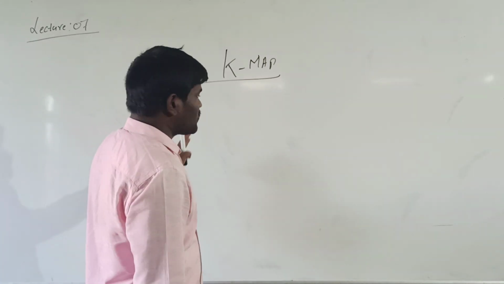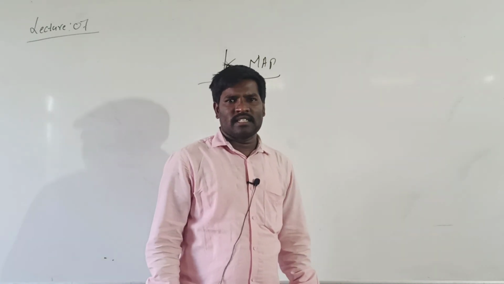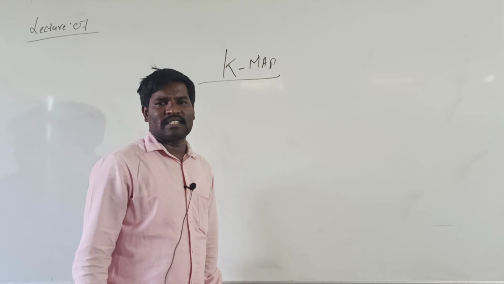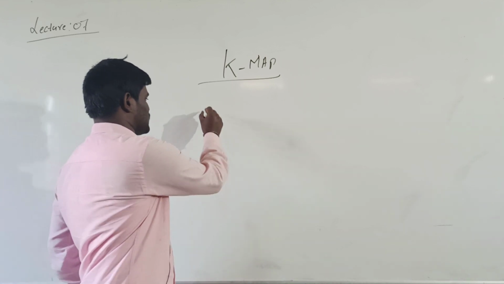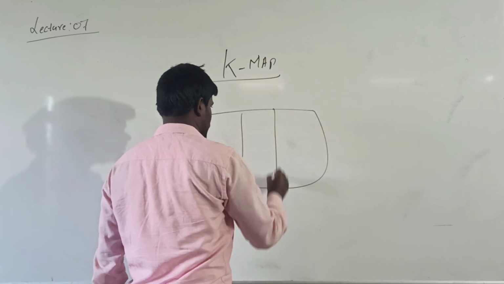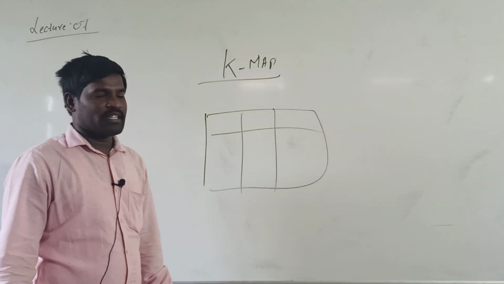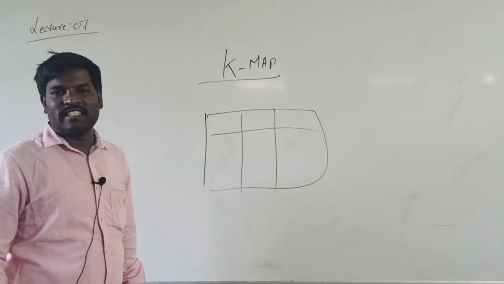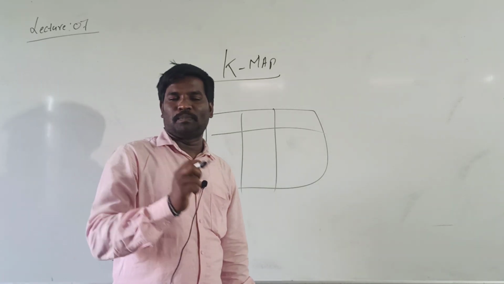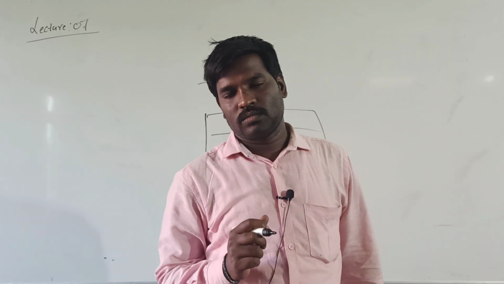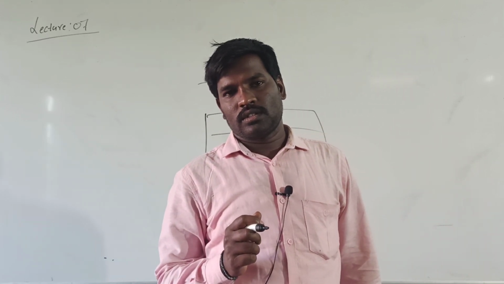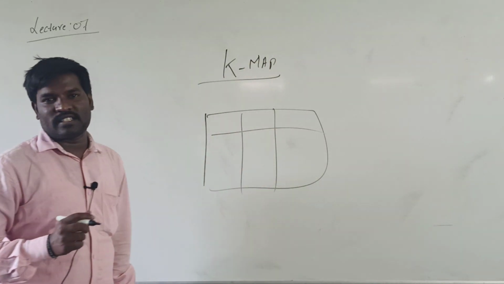K-map is a graphical representation of the truth table. Usually the truth table can be represented like this. Each square box represents one min term or max term value.